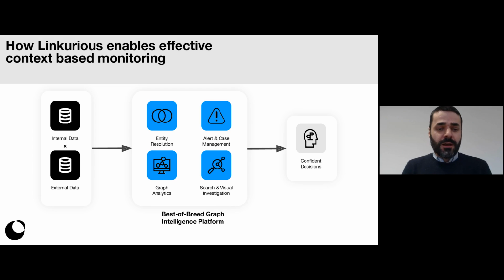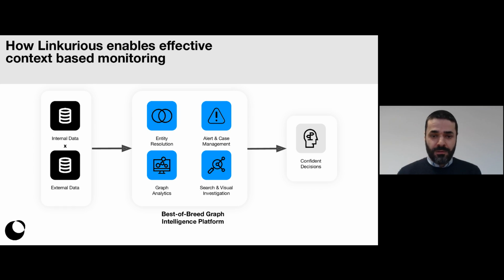So you can see here what it looks like at a high level in terms of architecture. The data on the left can be internal data, external data, or both. It flows into the best-of-breed graph intelligence platform of Linkurious that provides capabilities such as entity resolution, alert linkage management, graph analytics, and search and visualization capabilities.